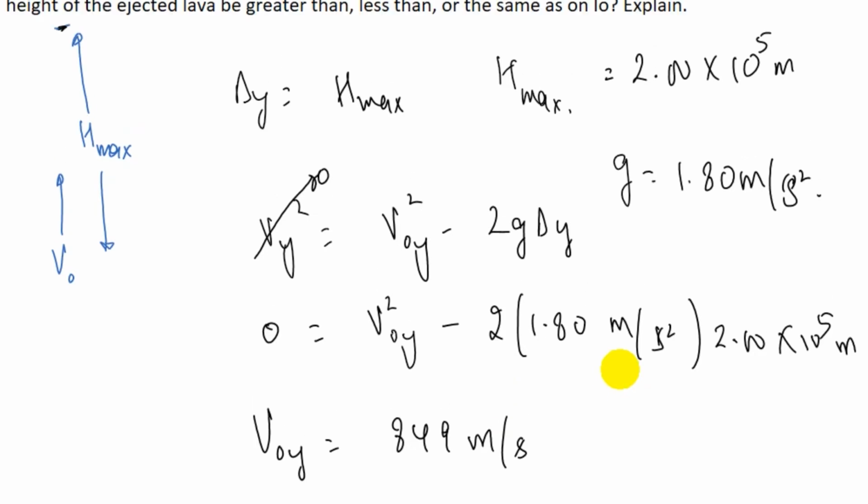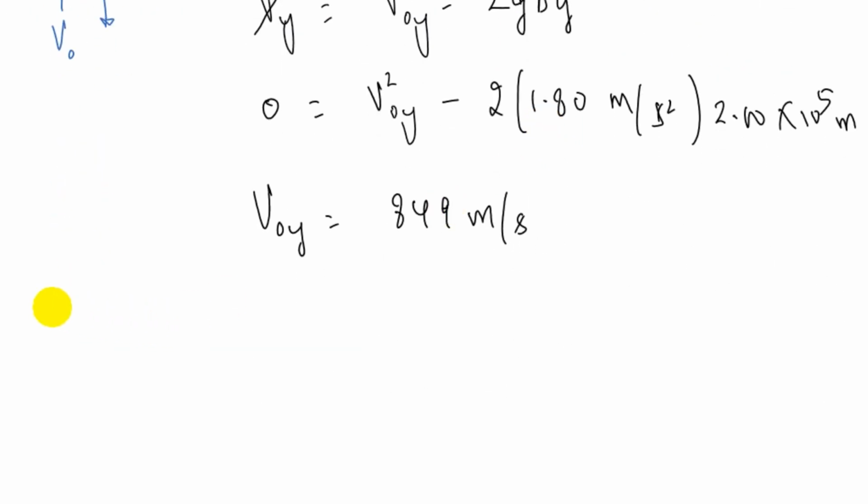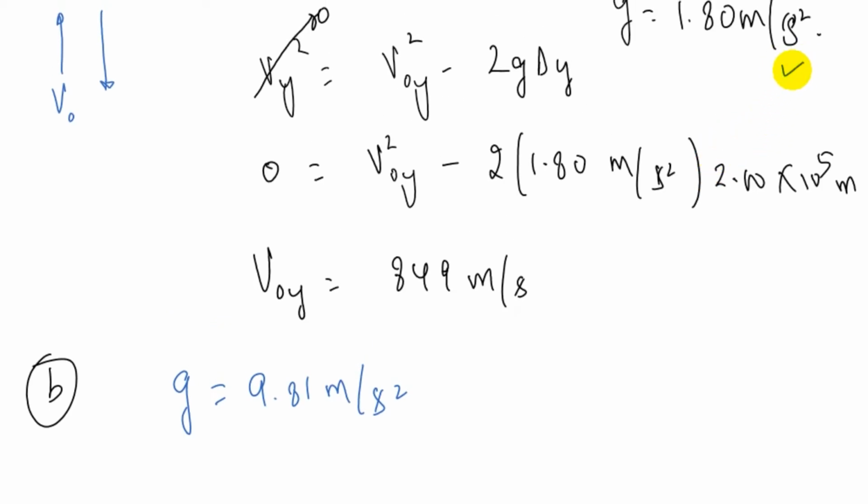Now in question B, it is asking that if this volcano were on Earth, would the maximum height of the ejected lava be greater than, less than, or the same as that on Io? Now we know that the acceleration due to gravity on Earth is 9.81 meter per second squared, which is far larger than this value.